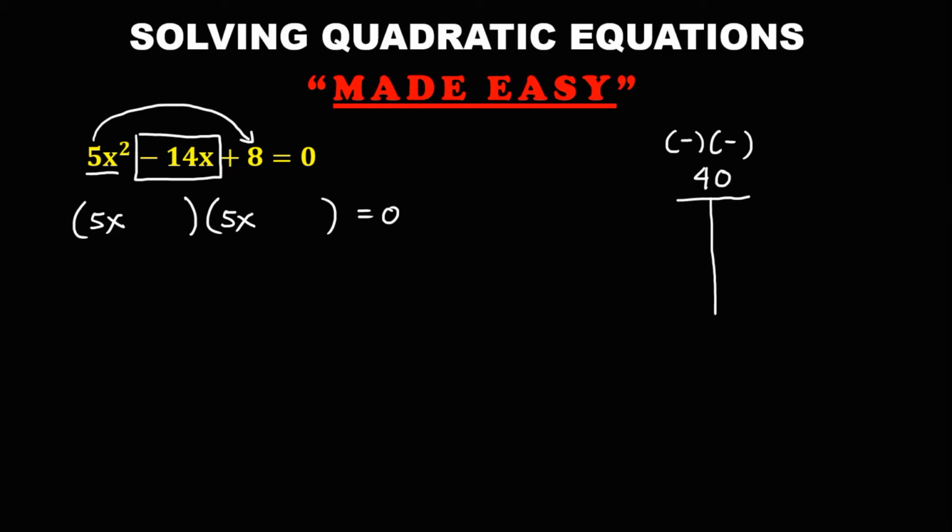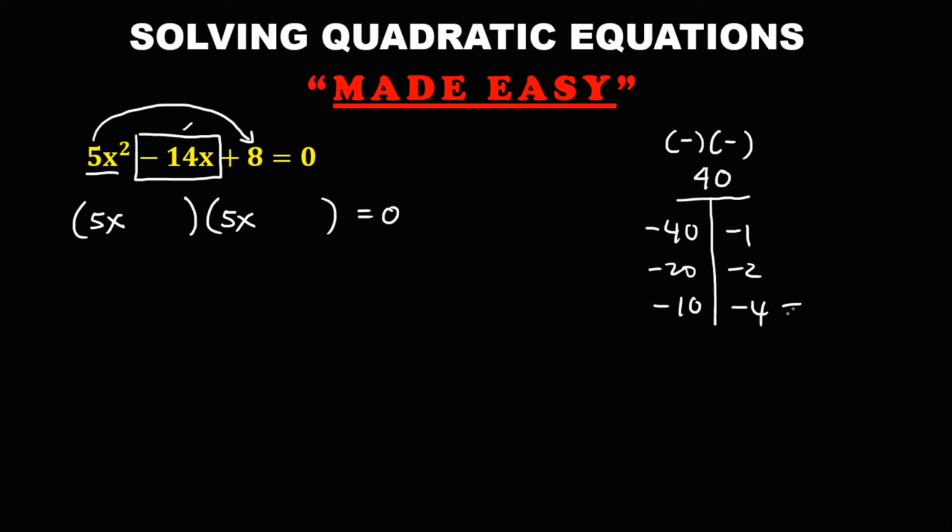So we need to write all the factors of this 40 that, when we add, the answer is negative 14. We can have negative 40 times negative 1, or negative 20 times negative 2, or negative 10 times negative 4.